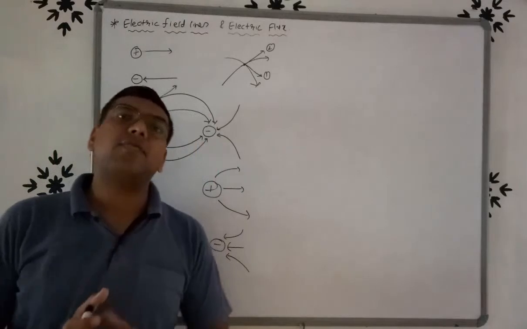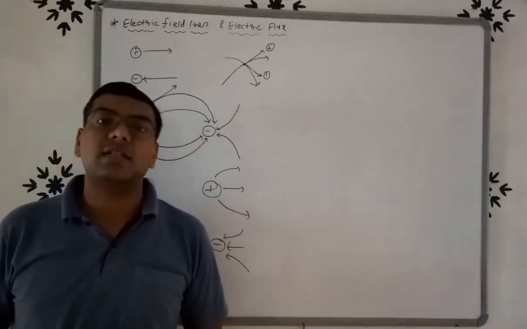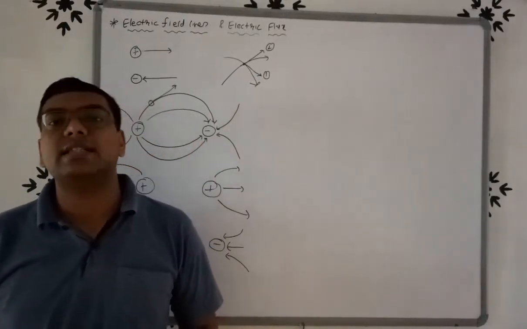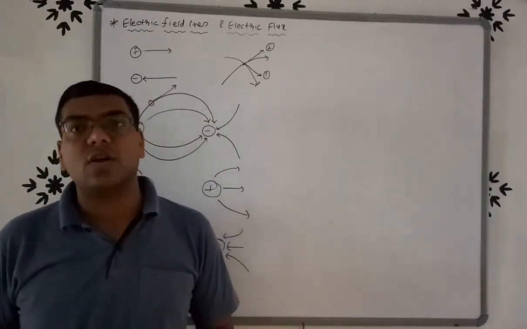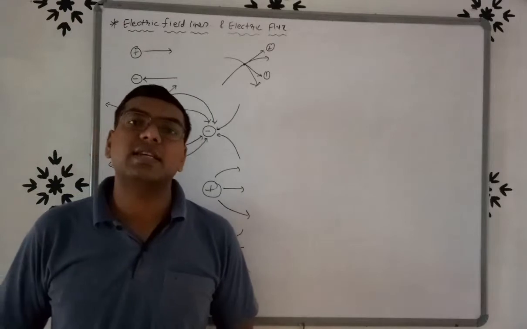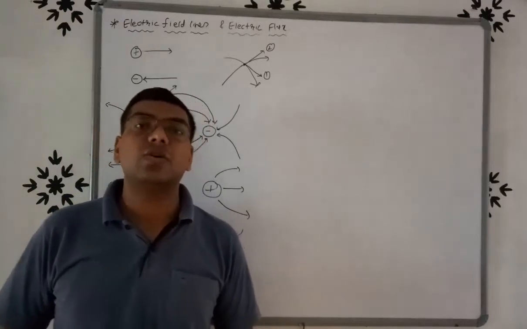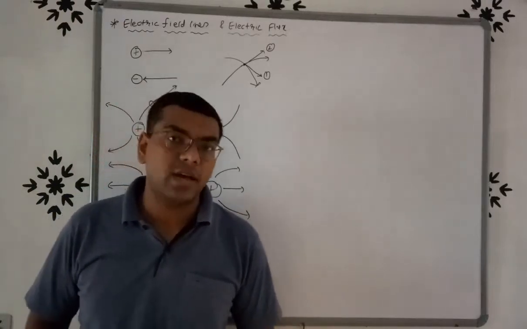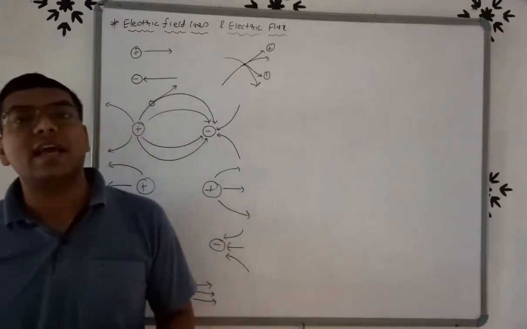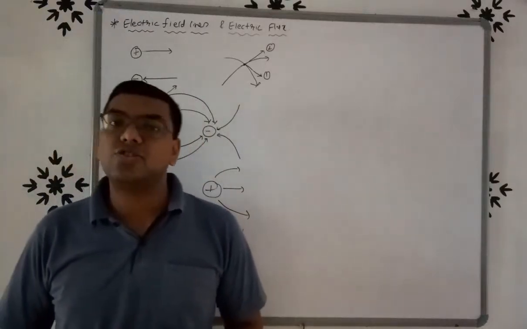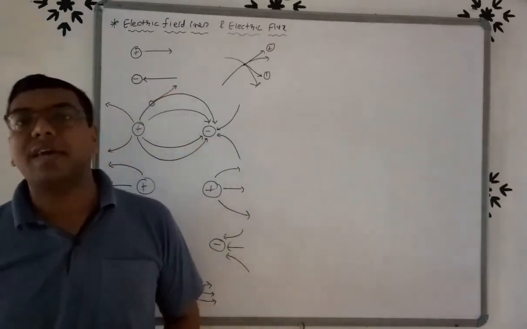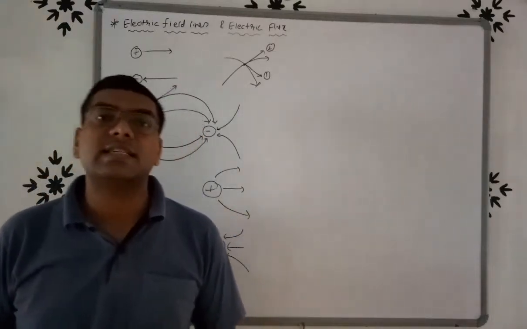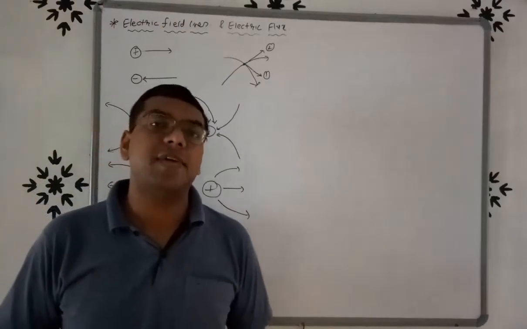Away from the charge the electric field lines are distributed at some distance, right? Or we can say they are not close to each other, so the electric field is weak. So near the charge the electric field is strong, and away from the charge the electric field is weak. So these are the characteristics of electric field lines.